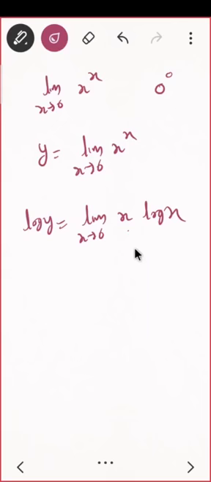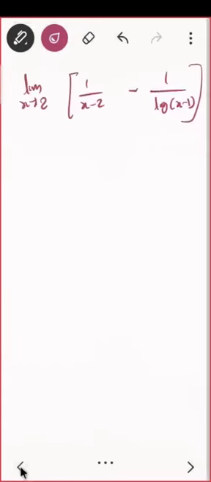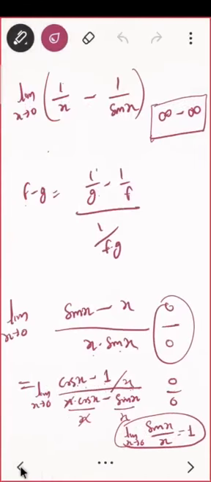See, one more thing you should remember, when your x goes to 0, log x goes to infinity. I hope you know the graph of log x. If you see the graph of log x, when your x goes to 0, your log x goes to infinity. And this gives you a hint of solving a problem which I told you to think.